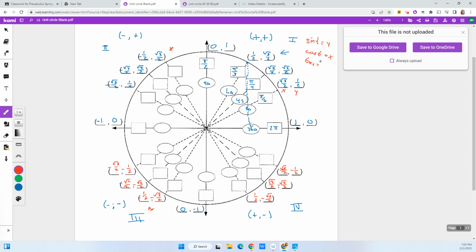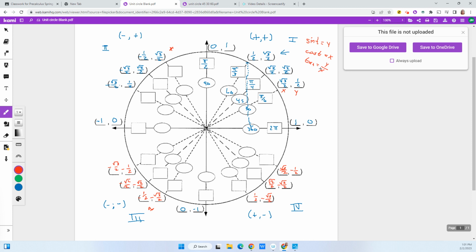Tangent is sine over cosine, so it's Y over X. And so that's why this stuff becomes so important, because it puts values to these things that it's hard for you to kind of wrap your brain around. It gives it a numerical sequence of values, right?